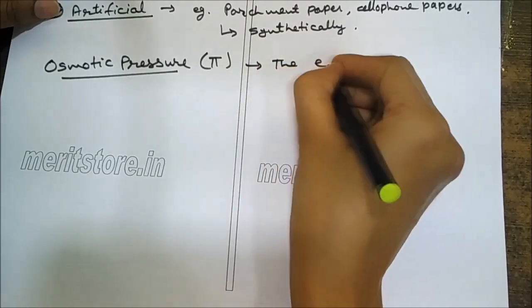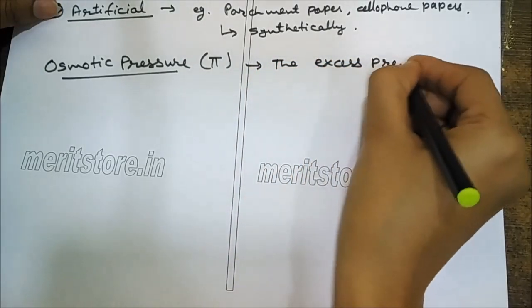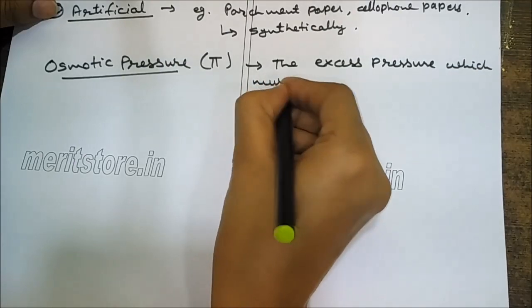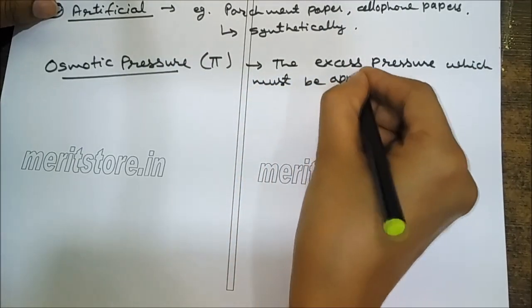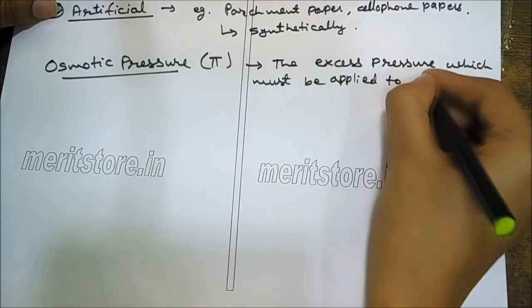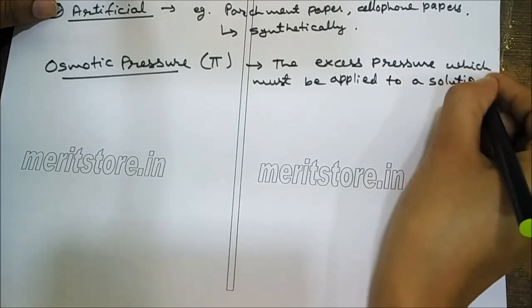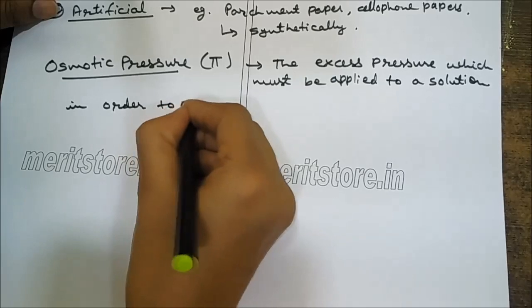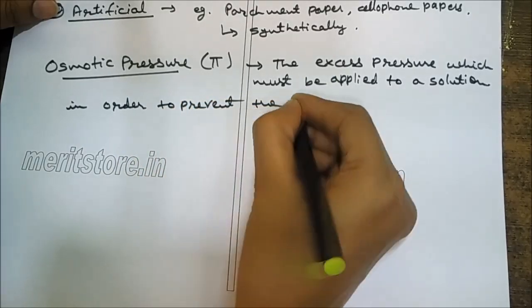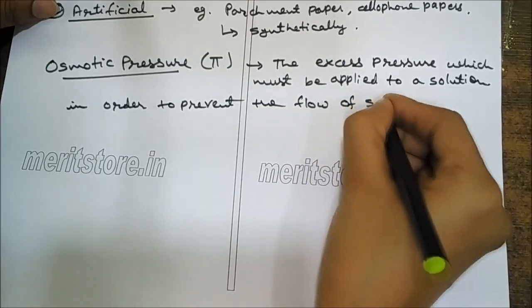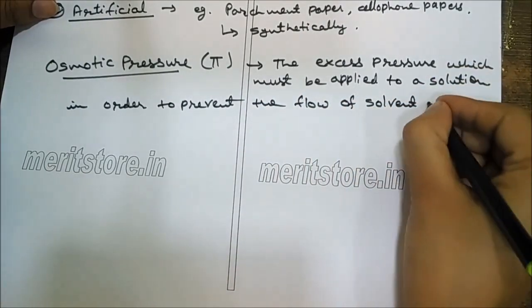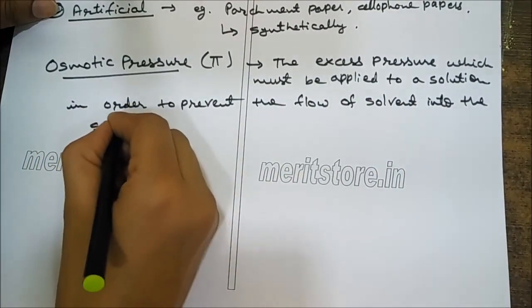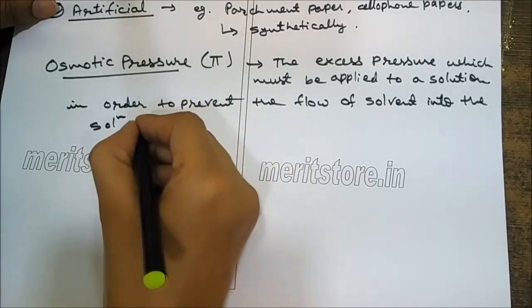The excess pressure which must be applied to a solution in order to prevent the flow of solvent into the solution is called osmotic pressure.